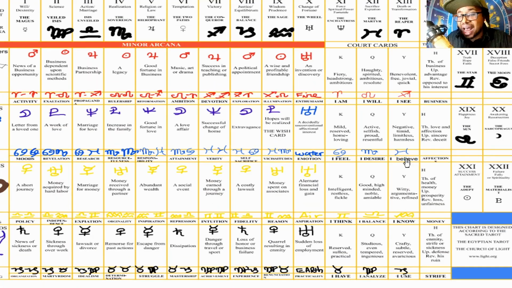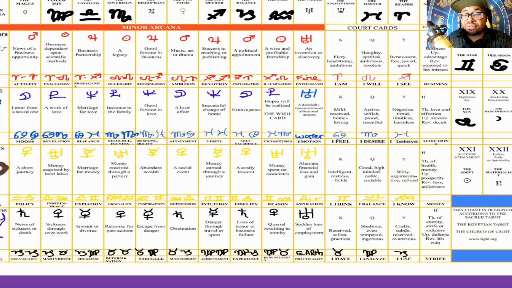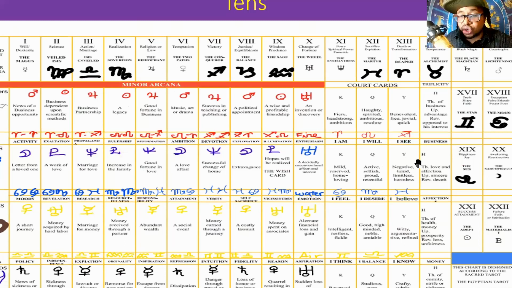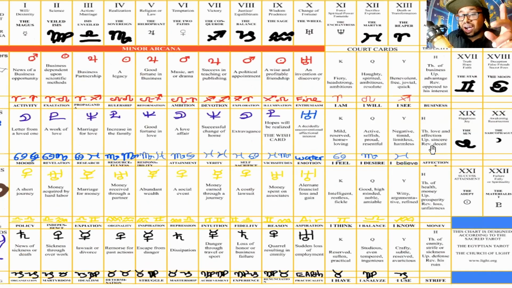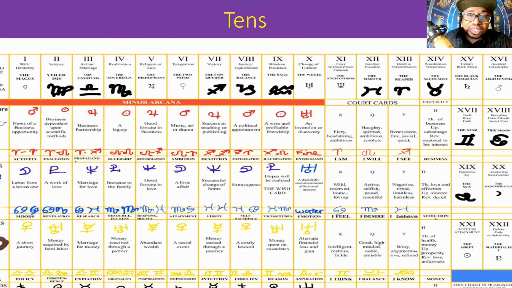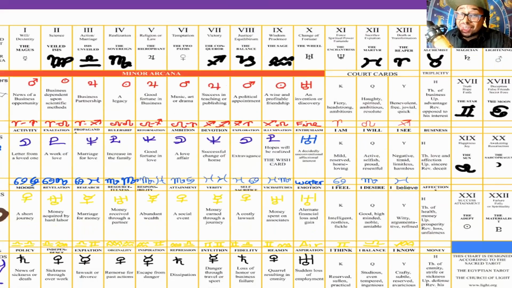Cancer is the first sign inside of water. Gemini is the first sign inside of air. And Taurus is the first sign inside of earth. And as you go, the queens are the second signs that we run into inside of those elements, and then your youth is the third signs. So maybe that might be where you get it from. But you gotta ask him. I can't tell you what another man's words mean. I can only tell you what I think about him.